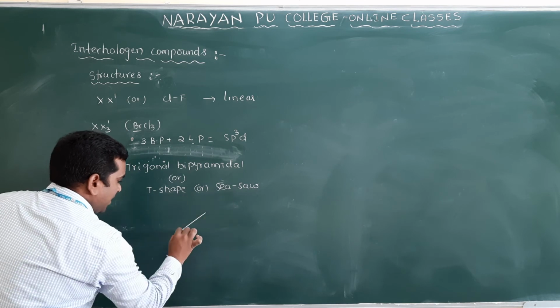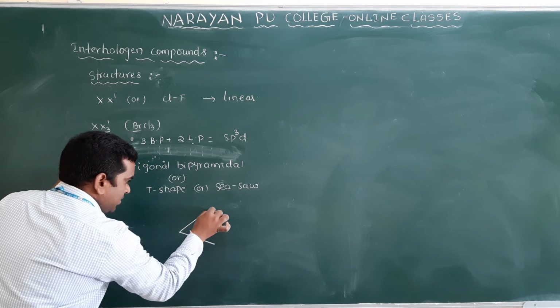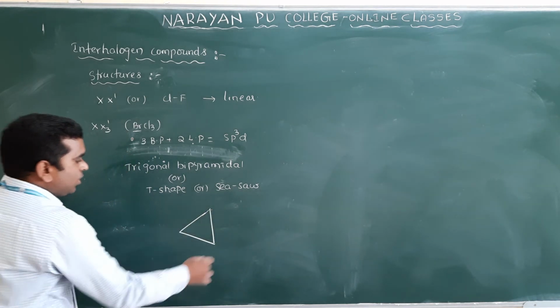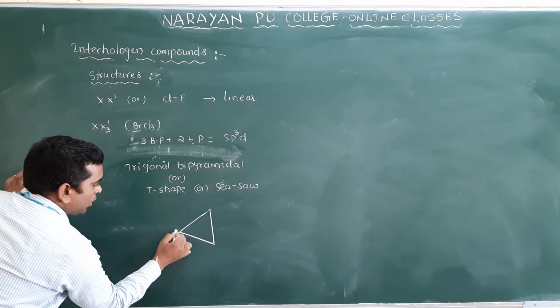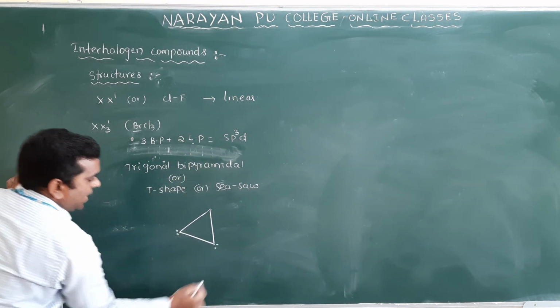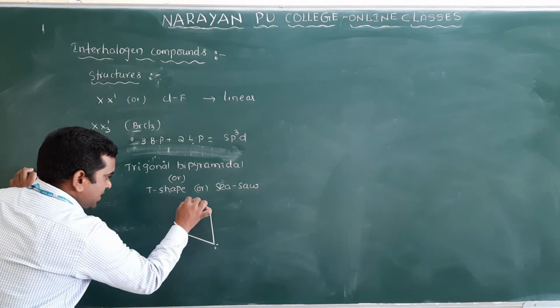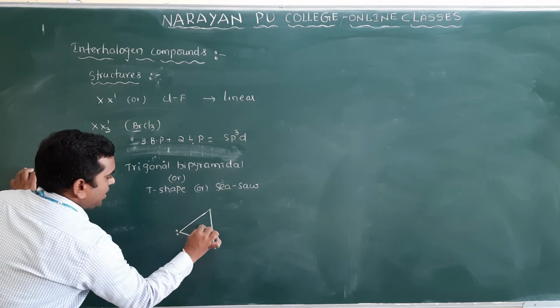This is a triangle. Clear? You know, in this one there are how many lone pairs? 2 lone pairs. This is one lone pair, and this is one lone pair. Now in this case, this is the central atom. What is the central atom we have here?